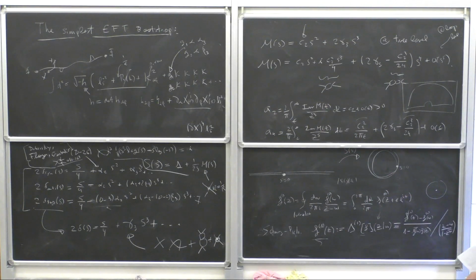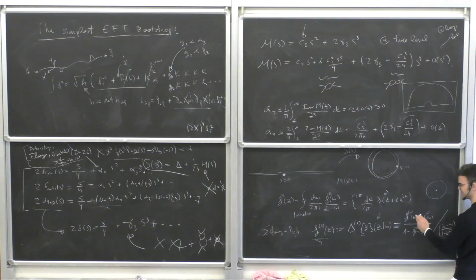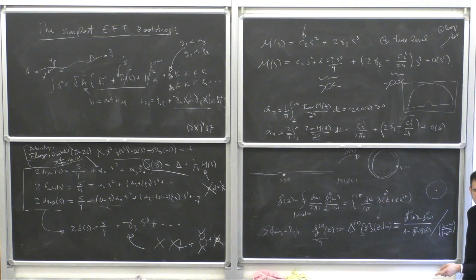So the reason why we are building this finite ratio is because now we may take z and w to be very close, and what this achieves is to bound the derivatives of the function.